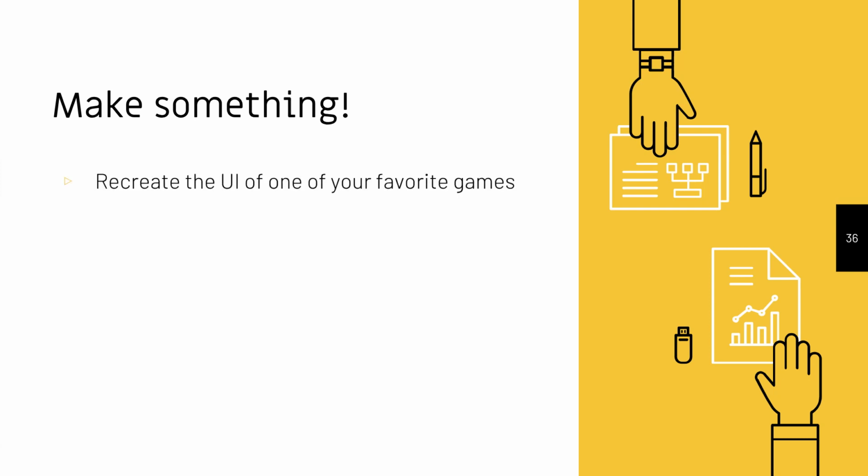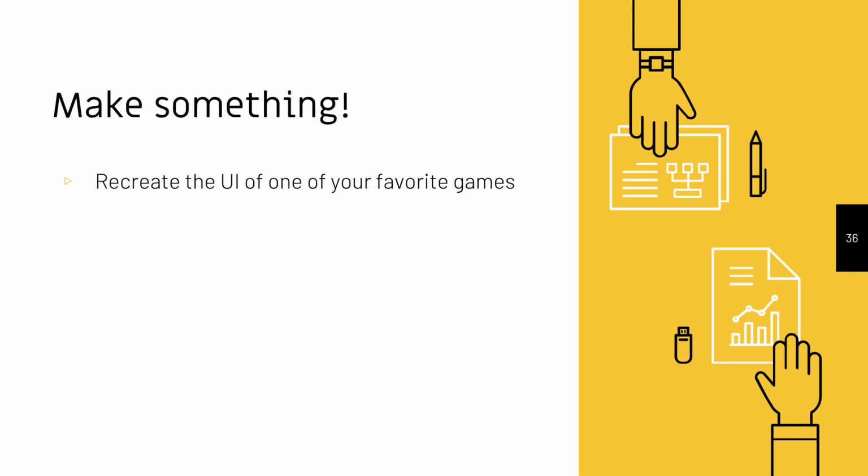So, what types of things can you make? You can recreate the UI of one of your favorite games. You would take the user interface of any game, so Overwatch, you would take that whole screen, and as everyone knows, the UI in Overwatch can get a little bit crazy, and try to just simply recreate it from scratch.